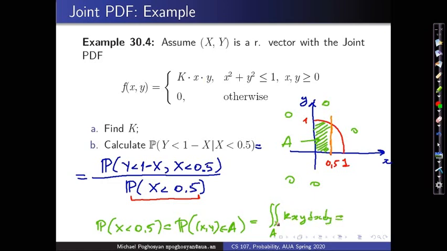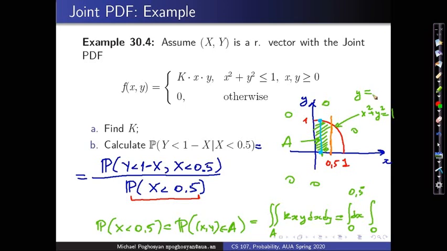To calculate this, we can just write the iterated integral form. So x is running from 0 to 0.5, dx. And for each x, if I am fixing x, y is running from this point to that point. So y is running from 0 to this point, which, because this equation is x squared plus y squared is 1, we are solving for y.